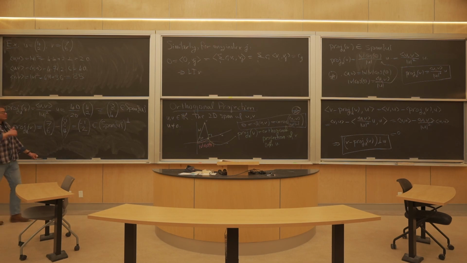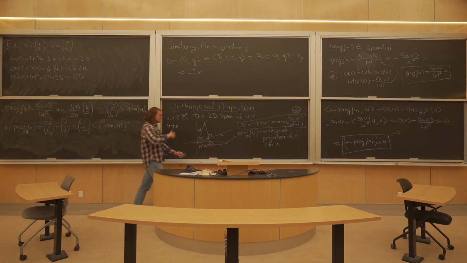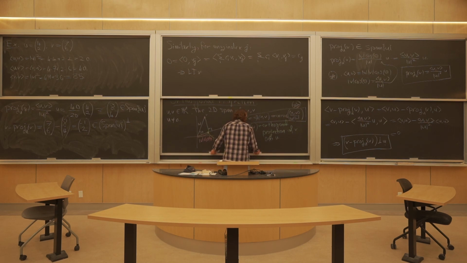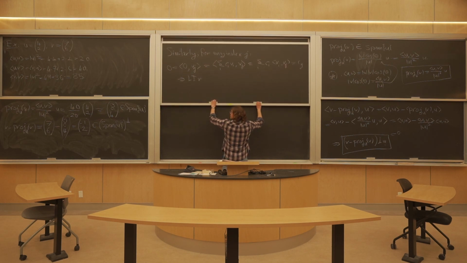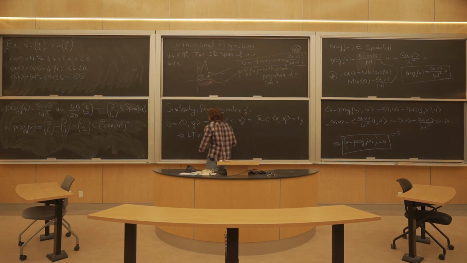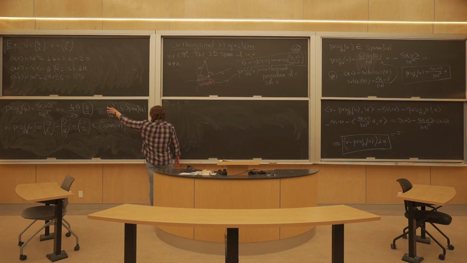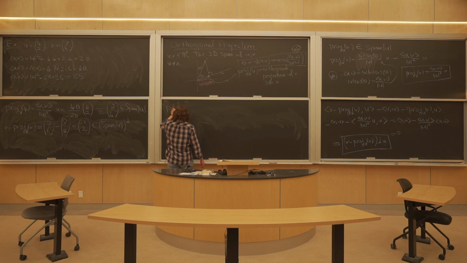Okay. So now let's do it the other way around. Let's take U, project it onto V. And so now the U and V switch, and you need to be careful about what you're putting where.